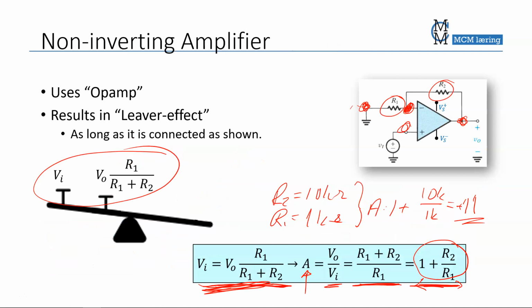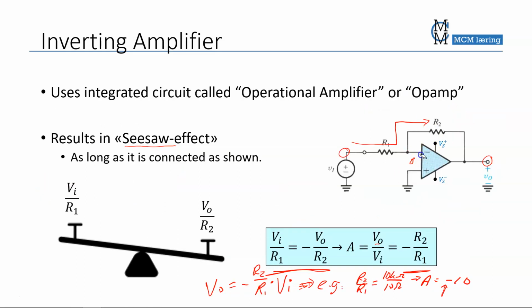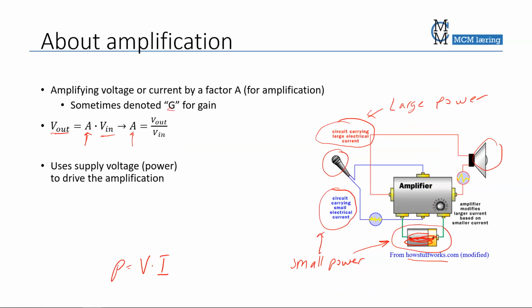As shown in both figures here, the non-inverting amplifier has power supplies, and the inverting amplifier also has power supplies here and here. And as mentioned in the first film, you need a power supply to drive the gain of the circuit, to drive the amplification.